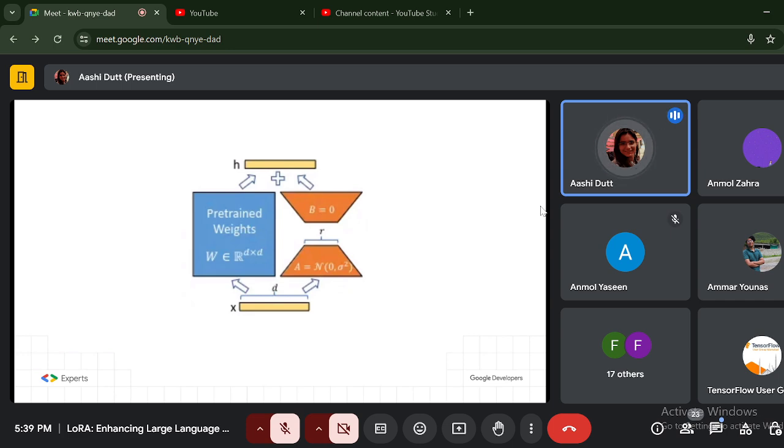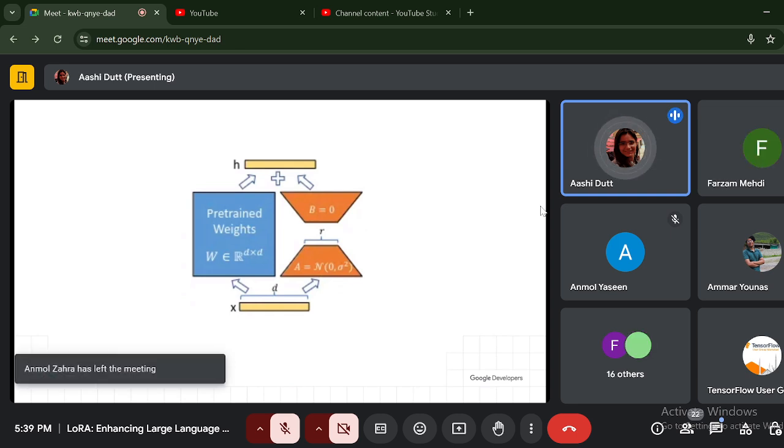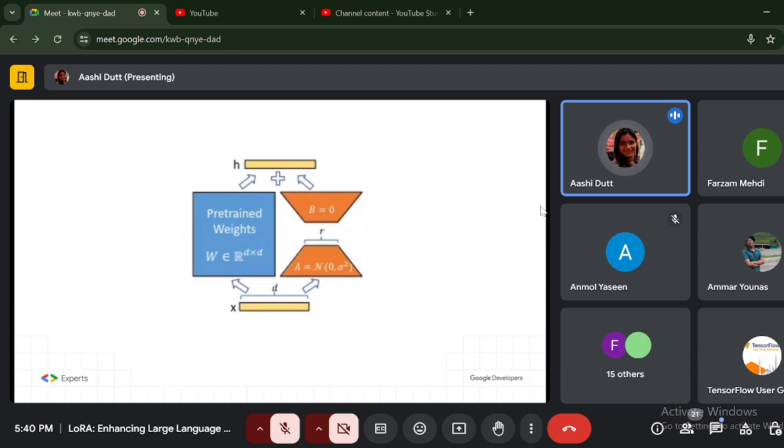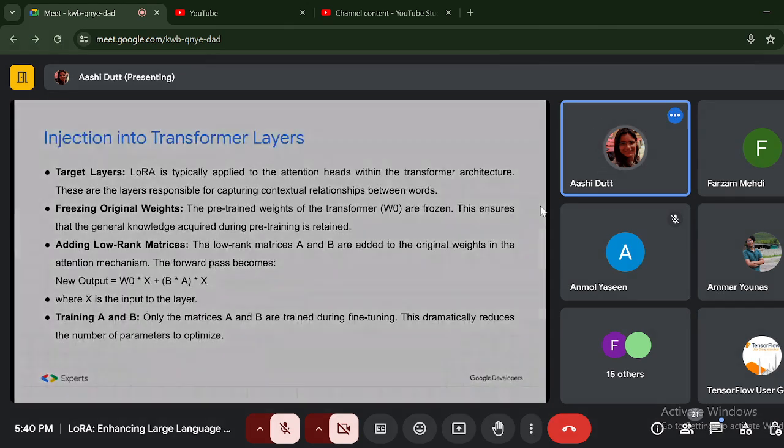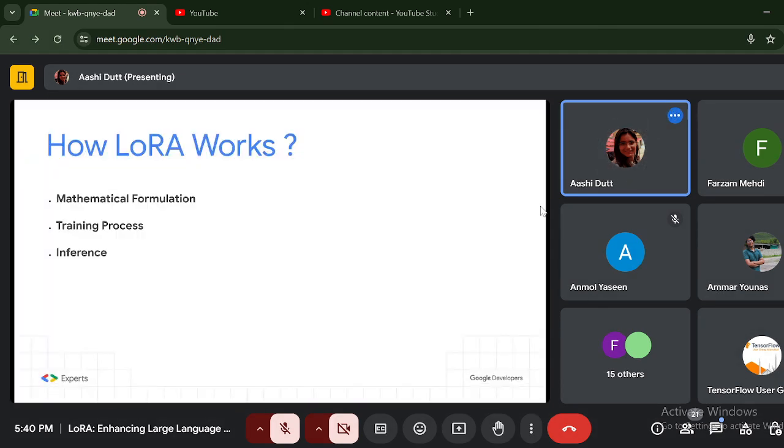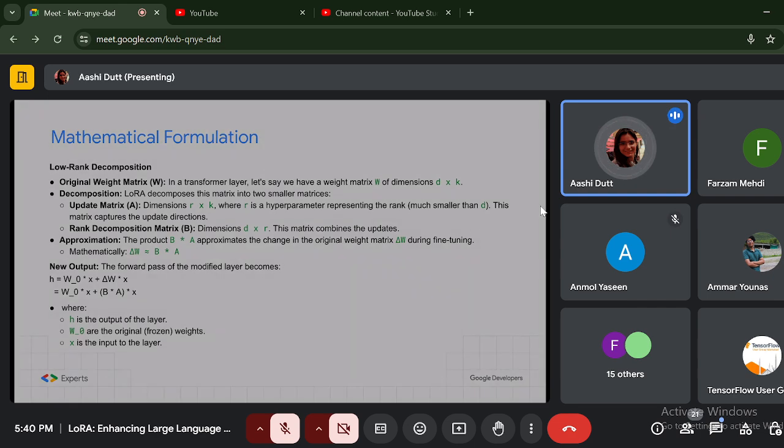Here we have input X that has dimension D, so our weight matrix was D cross D. Now we have the A matrix, a random matrix initialized with mean 0 and variance sigma squared, that is the standard deviation. But the B matrix is 0. Initially the B matrix is 0, right? So if we go next to the coding part, how do we implement this thing?